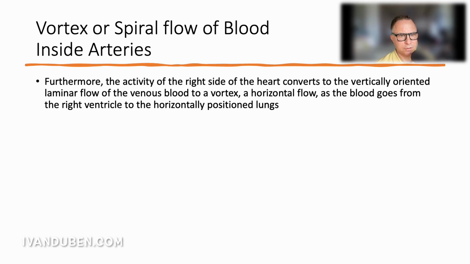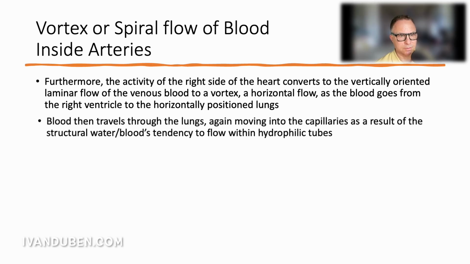Furthermore, the activity of the right side of the heart converts the vertically oriented laminar flow of the venous flow into a vortex, a horizontal flow, as the blood goes from the right ventricle to the horizontally positioned lungs.